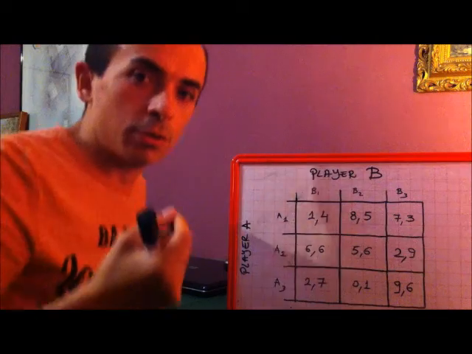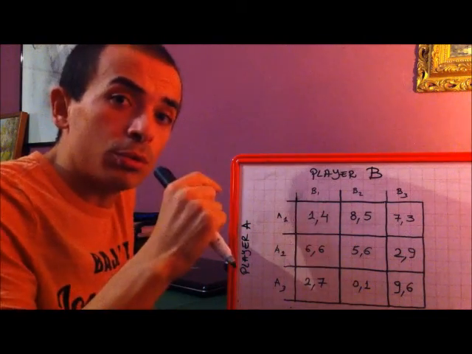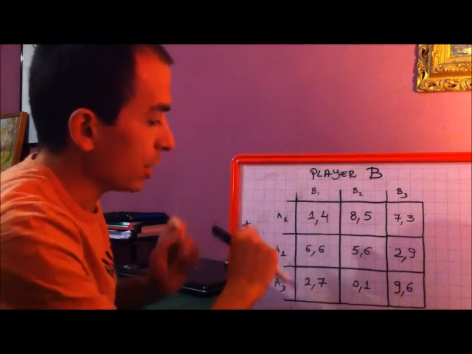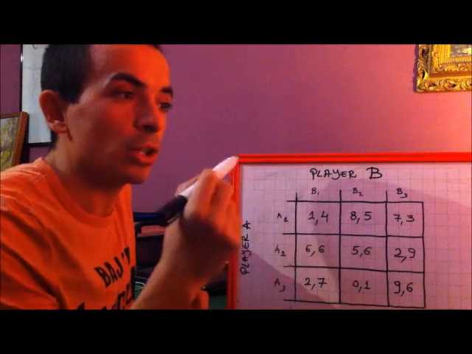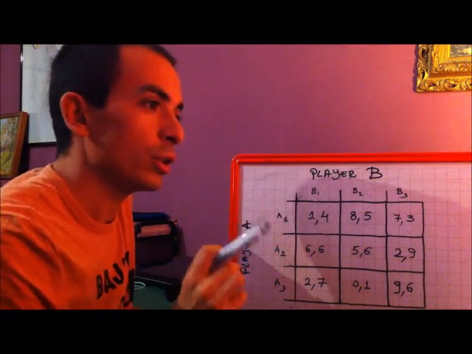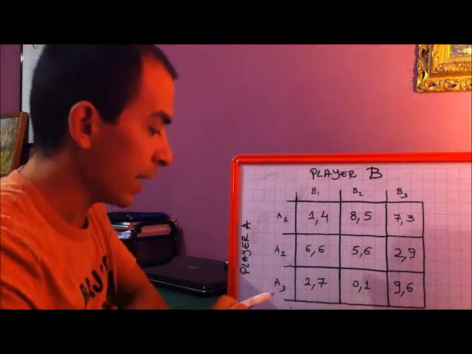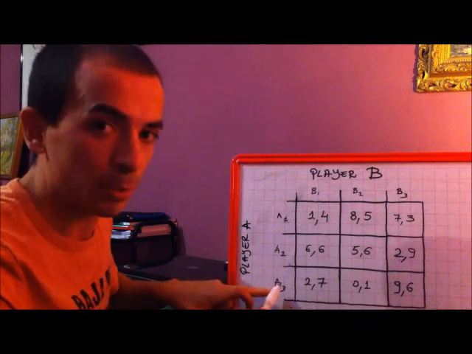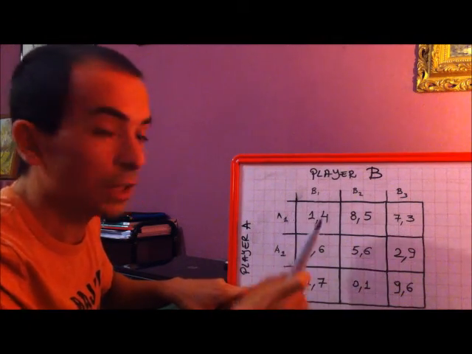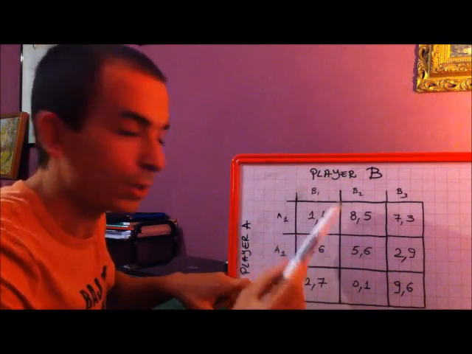A useful tool or tip for finding the Nash equilibrium is this. You go through the reasoning of each player, imagining each situation, and you underline the best response to a particular strategy. For example, if player A adopts strategy number 3, we underline the best response from his opponent.